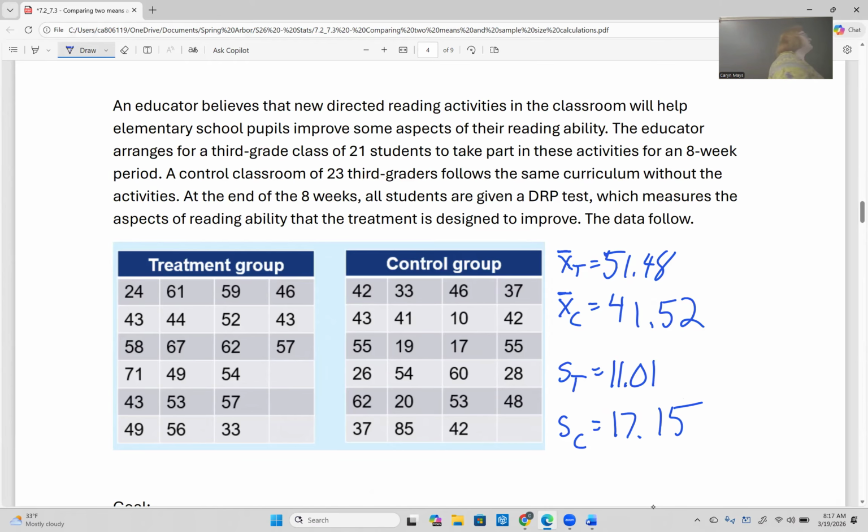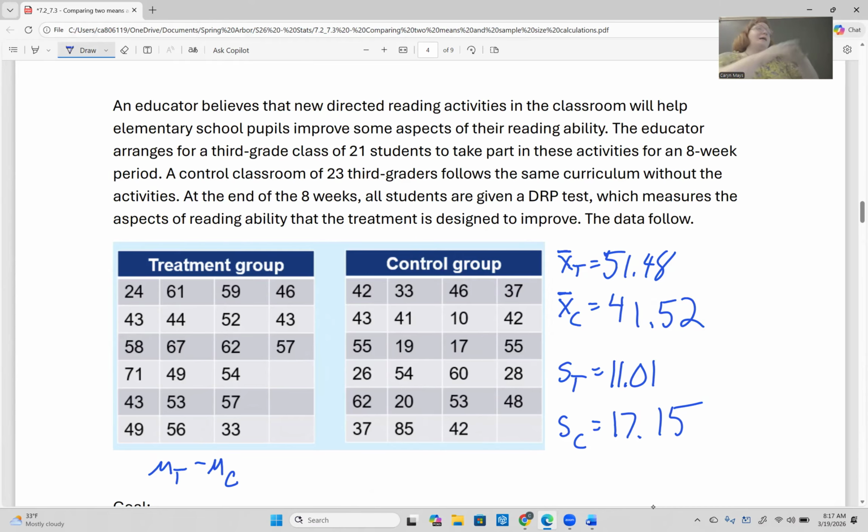So there's our pieces. We want to test if there's a difference between these. So we are trying to test if the mean of the treatment group minus the mean of the control group has a difference. And sorry, backing up, we're in the confidence interval part.